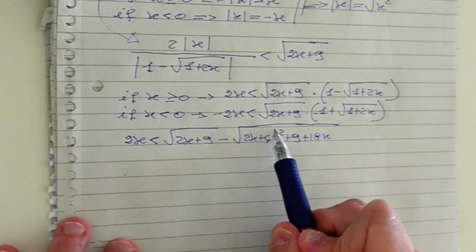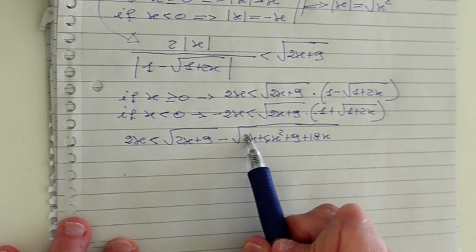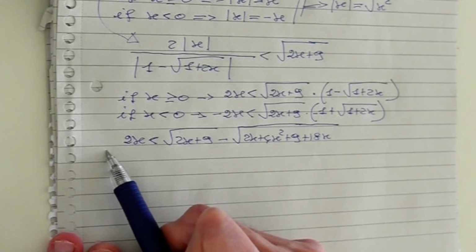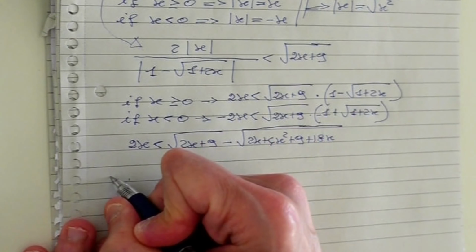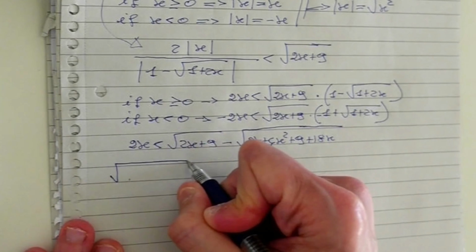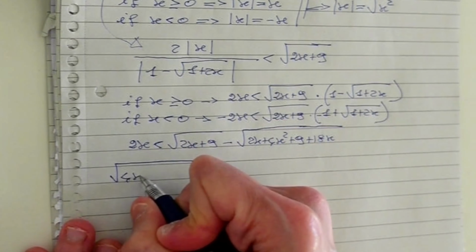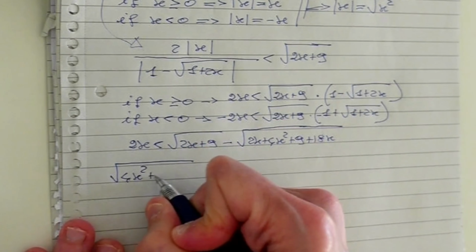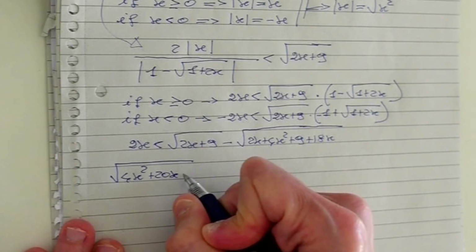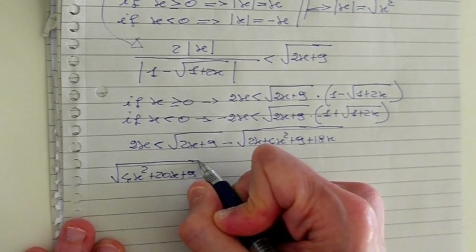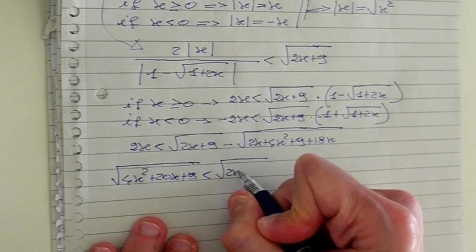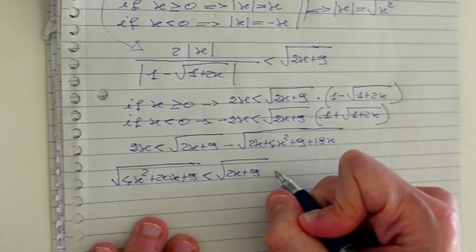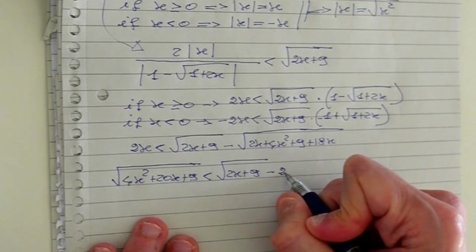Now I pick up this term and move it to the left-hand side of the inequality, and we get to this situation: square root of 4x squared plus 20x plus 9 less than square root of 2x plus 9 minus 2x.